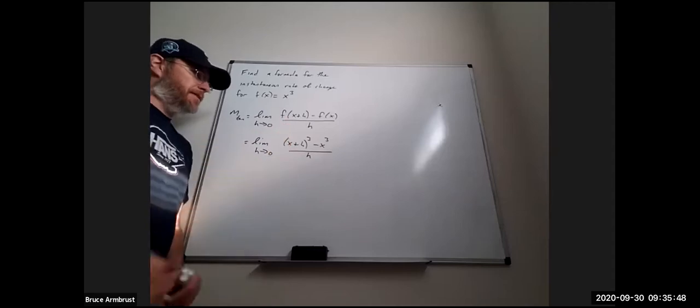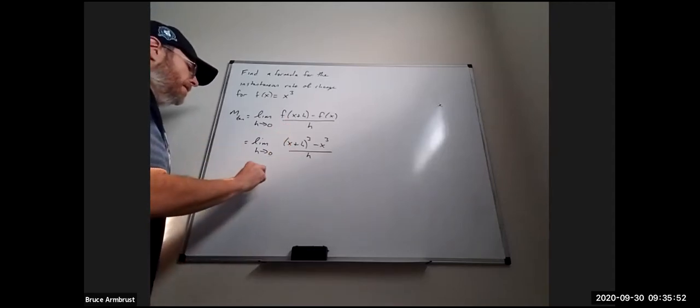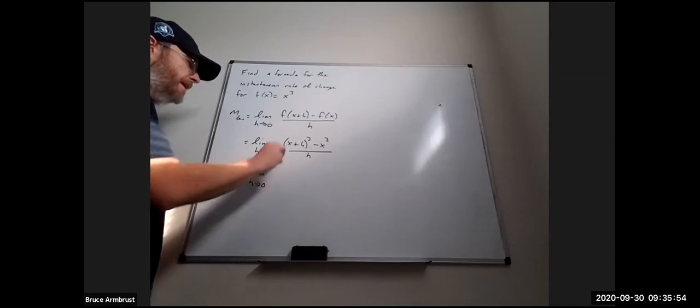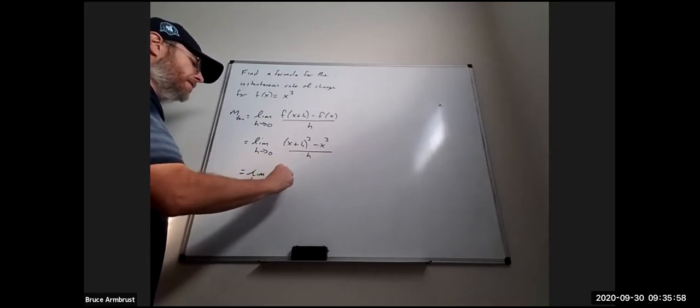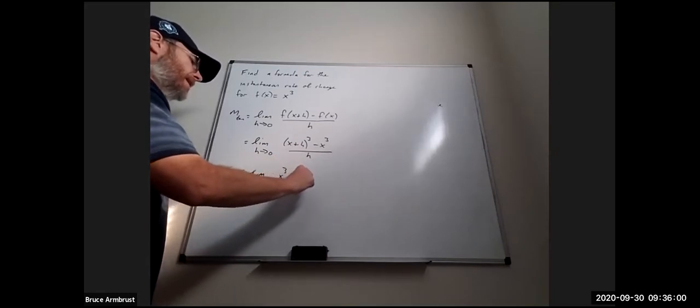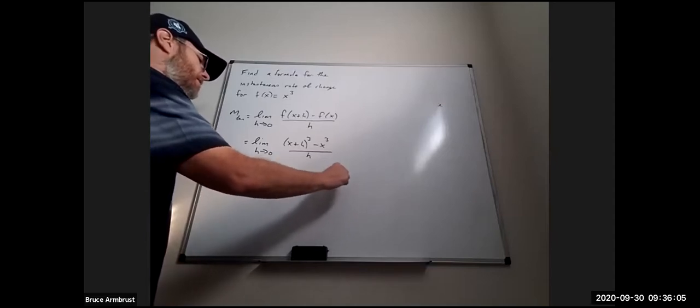All right, so now let's multiply that out. If you take x plus h and cube it, you're going to get x cubed plus 3x squared h plus 3xh squared plus h cubed.